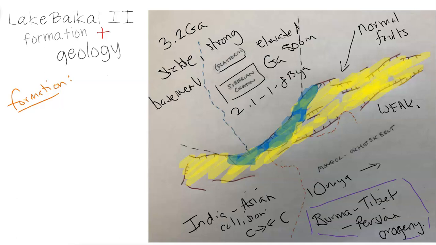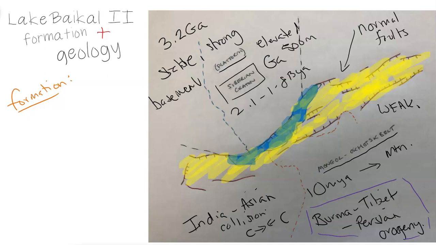and it goes on the outside of the boundary of this craton, and it's smashed in between this very nice mountain belt, the Mongol-Okhotsk Belt, which is a very raised, above 1,000 meters mountain range.